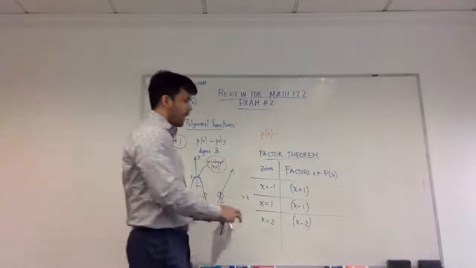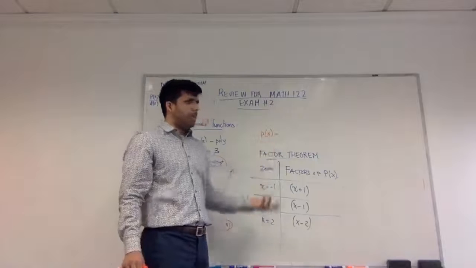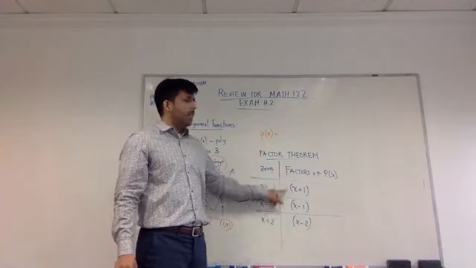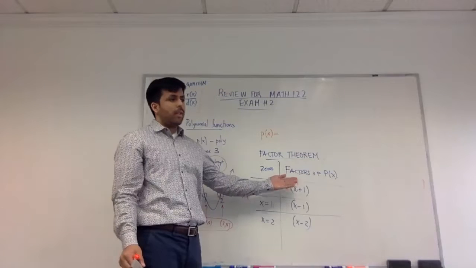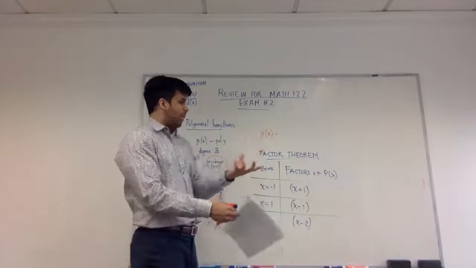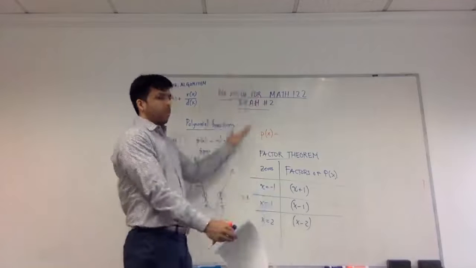So then why does this help me to find the polynomial? Well, because the factors of a polynomial, when you multiply them, give you the polynomial. That's what it means to be a factor. A factor is an expression or number that when you multiplied together gives you what you're looking for.